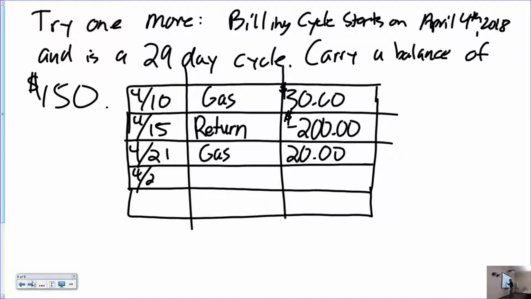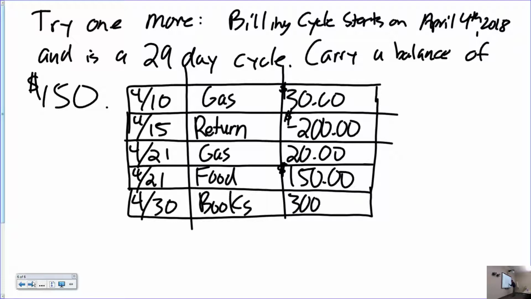But let's suppose that at the same time, on the same day, my wife is also using the same credit card, and she went to the store and got food. So she spent $150. And then for kicks and giggles, let's suppose that on the 30th, I had to buy books, and it cost me $300.